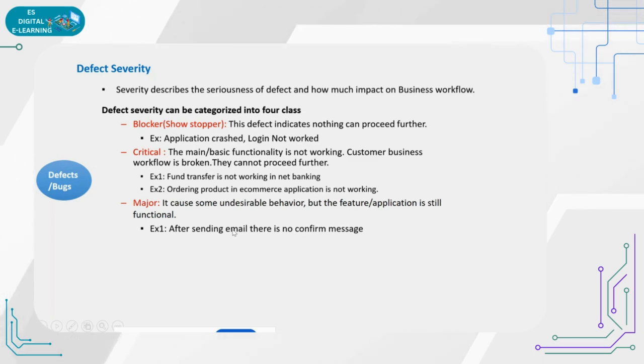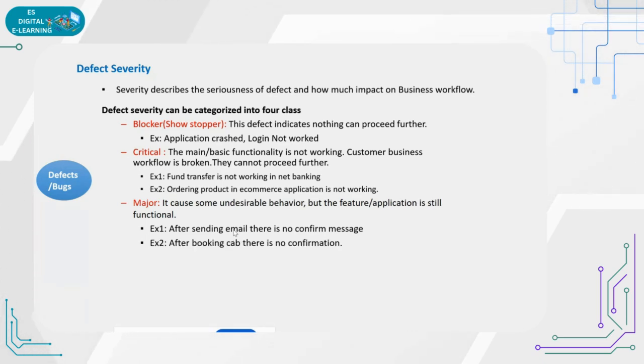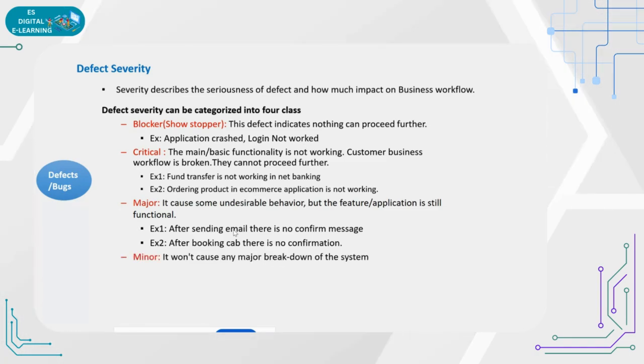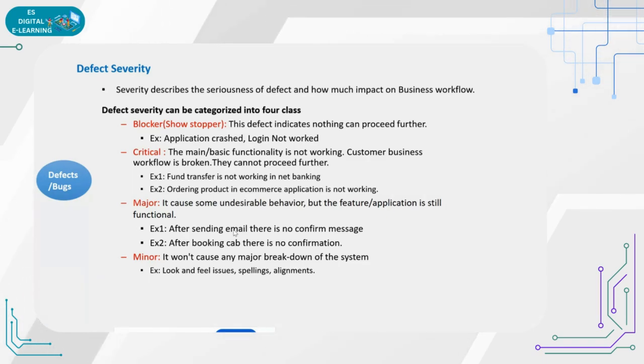You sent a mail, but it is not received by the receiver yet. It is taking some time. After booking a cab, there is no confirmation, because you booked the cab, but from the cab driver's side, it's not confirmed yet. That is a major. A minor won't cause any major breakdown of the system. Minor is like look and feel issues, like a spelling mistake or some alignment issue.